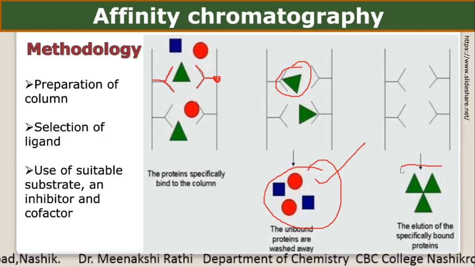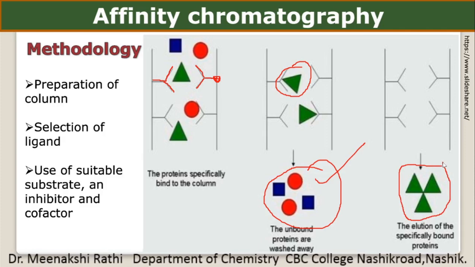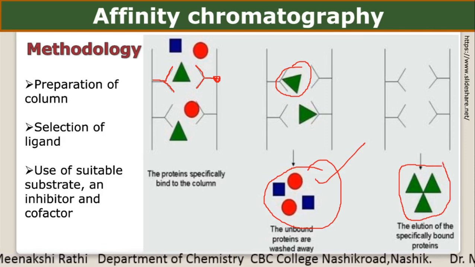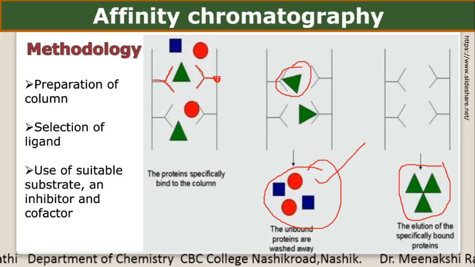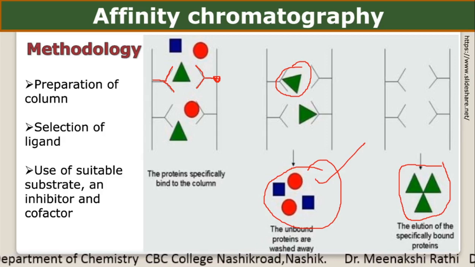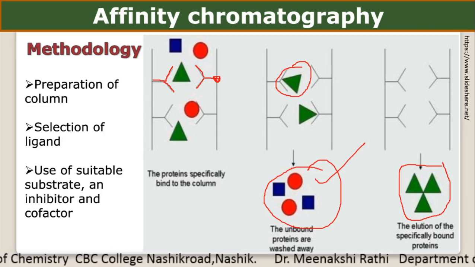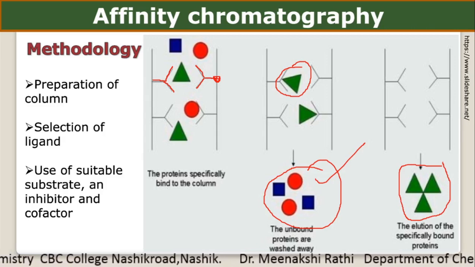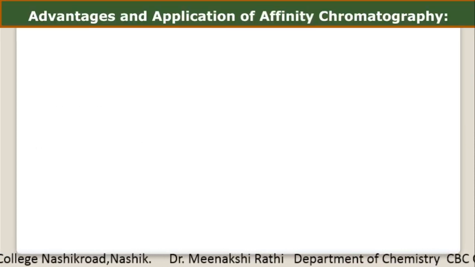In this way these specifically bound proteins are collected. This technique can be done in a single step, and in a single step it is possible to separate a specific protein from a mixture of proteins. So that's why this technique is very useful.